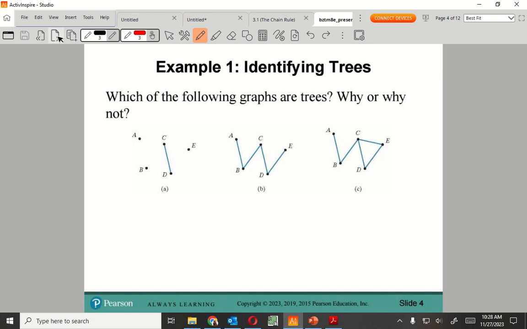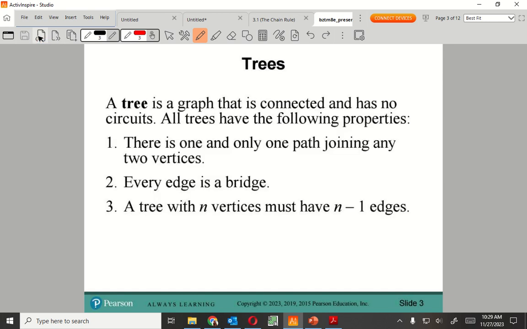Which of the following graphs is a tree? Why or why not? Now, let's look at this first one here. We have 1, 2, 3, 4, 5. I have 5 vertices there. How many bridges or edges should I have? I just did the math a moment ago. What did I say in the previous one? I must have n minus 1 edges, right?